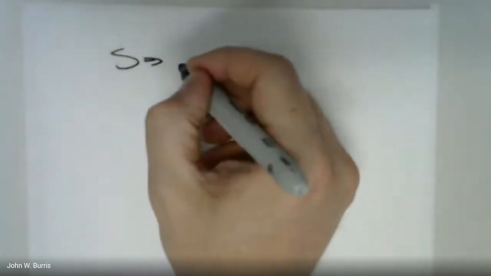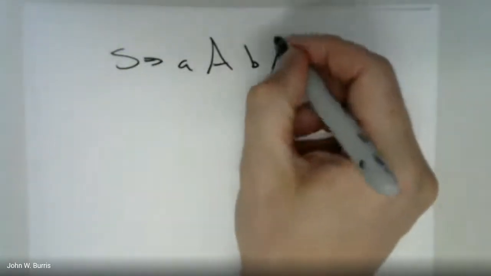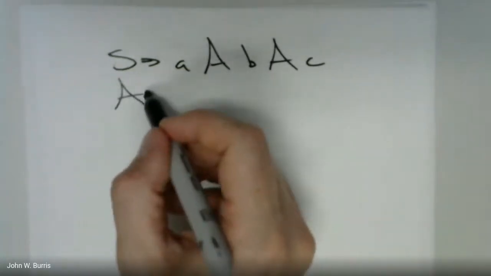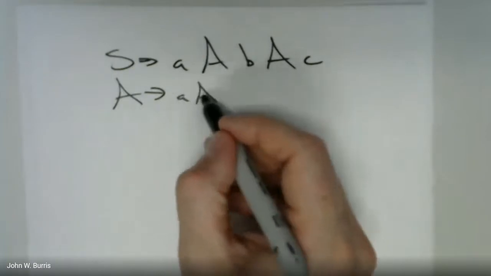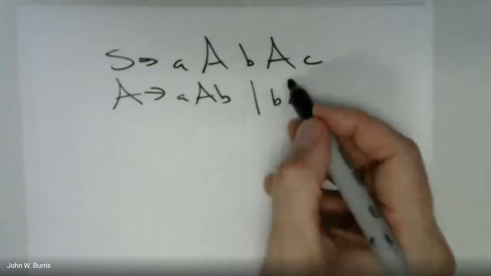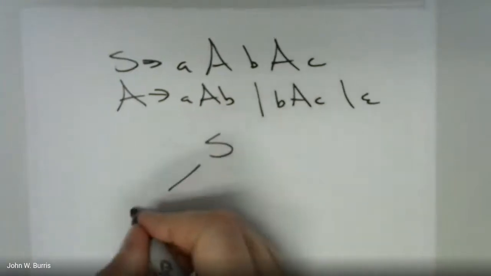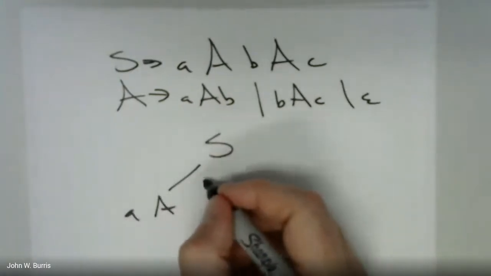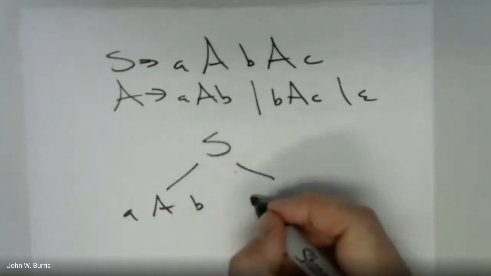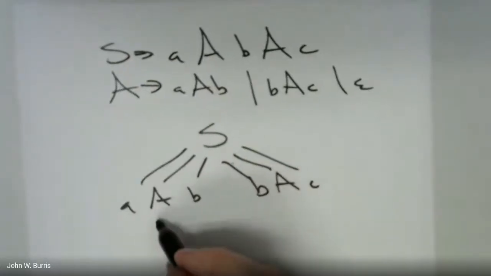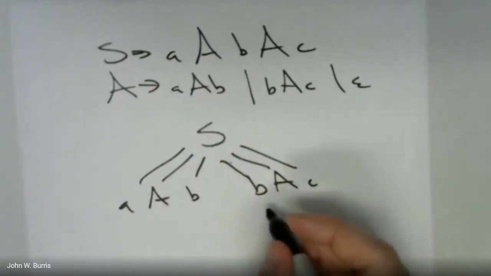So if we go S goes to A, B, A, C, well then, knowing that we have A, A can either give us A's and B's, or it can give us B's and C's. This is actually not substantially better than the previous version, because we go to S and we have the same problem: A, B, or B, A, C. And from this point on, there's no connection between these two A's.